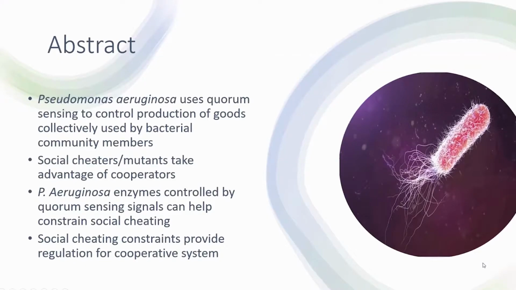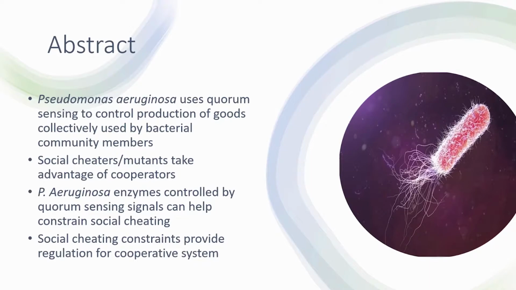So I'm just going to start with a general abstract, and I'll get into some context and some general ideas that we could expand on, but I just wanted to introduce the publication to you first. The main focus of this paper is a bacterium called Pseudomonas aeruginosa, which uses quorum sensing to control production of goods, being proteins and enzymes that are collectively used by bacterial community members.